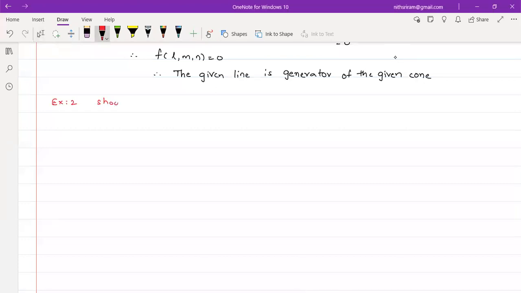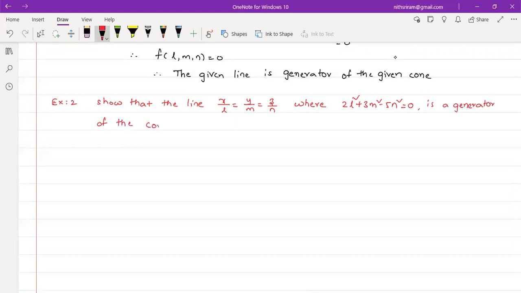Show that the line x/l = y/m = z/n, where 2l² + 3m² - 5n² = 0, is a generator of the cone 2x² + 3y² - 5z² = 0.